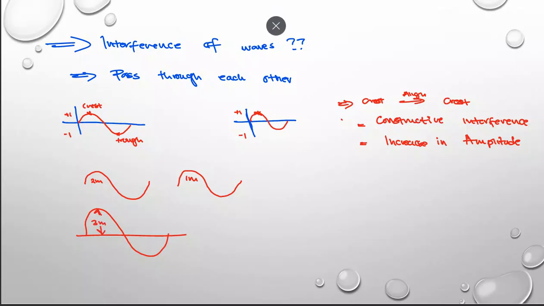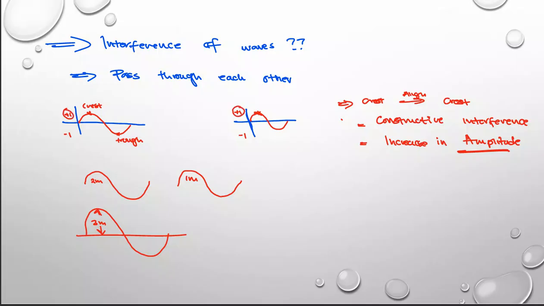So under constructive interference, it occurs when the crests of the two waves align, and it results in an increase in the amplitude. The amplitudes are going to add.